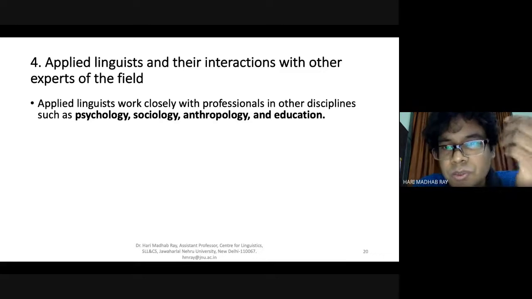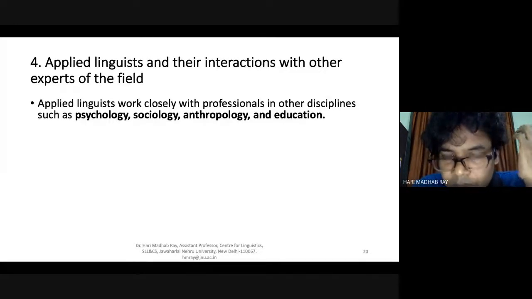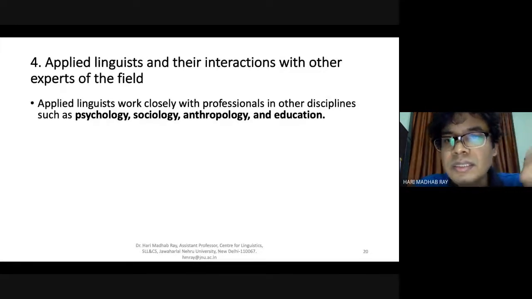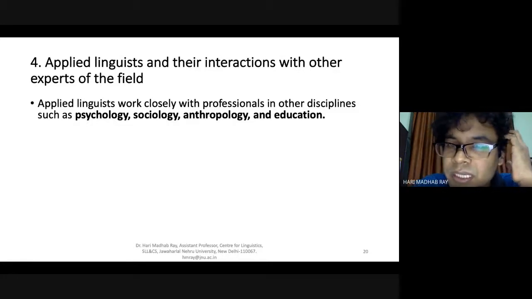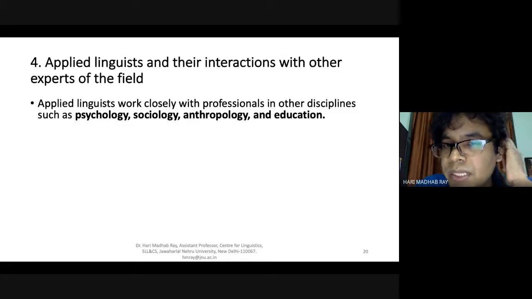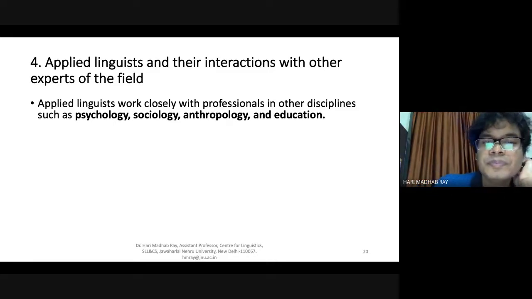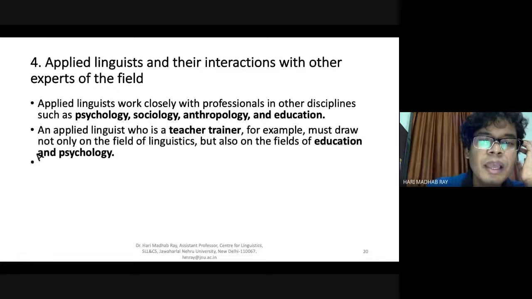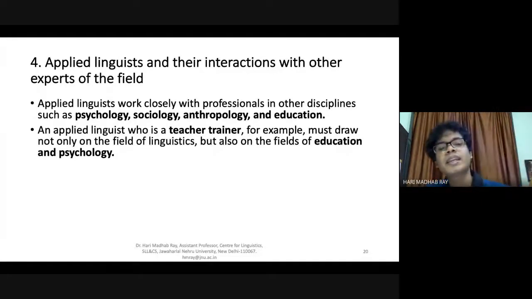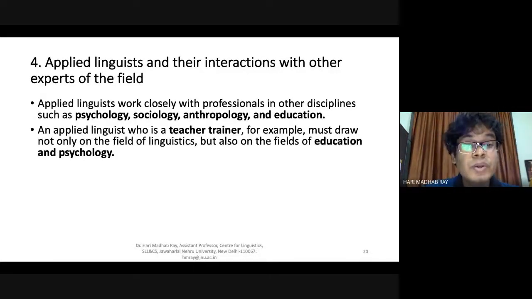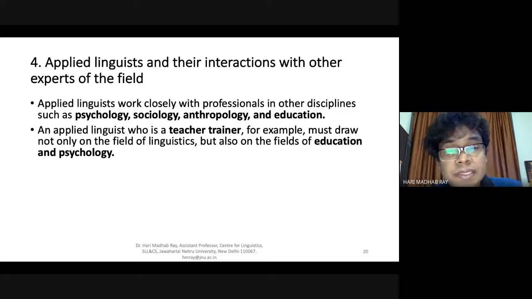One of our students, I think Parul Bhardwaj, has an interest in education, and then came to linguistics. So you have to have that kind of interaction with other professionals. An applied linguist who is a teacher trainer, for example, must draw not only on the field of linguistics but also on the fields of education and psychology.